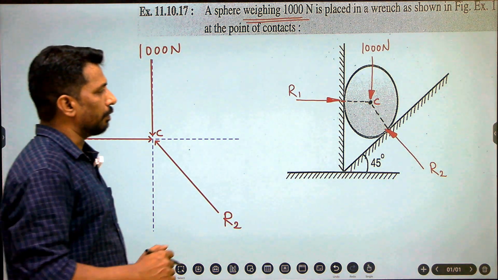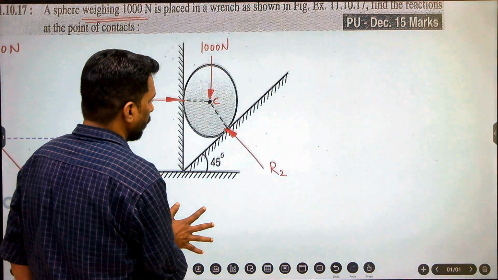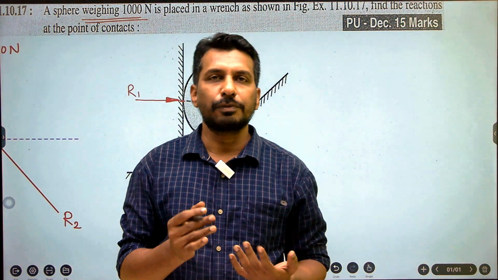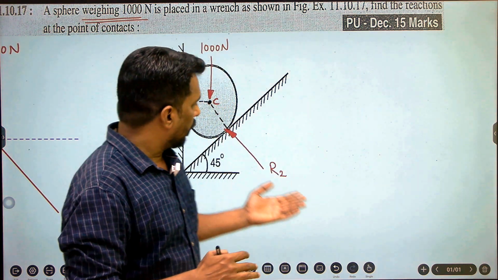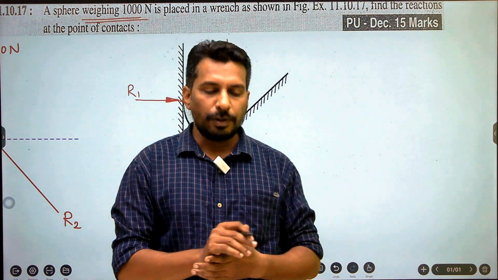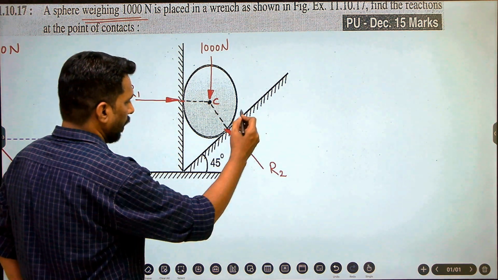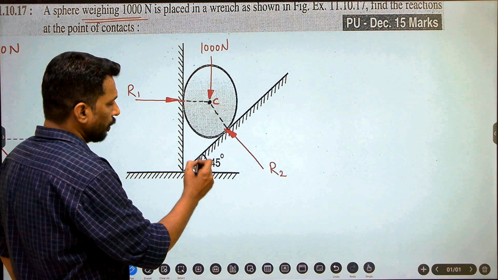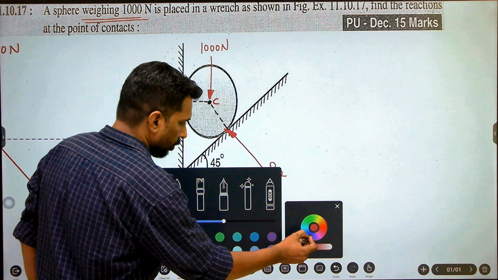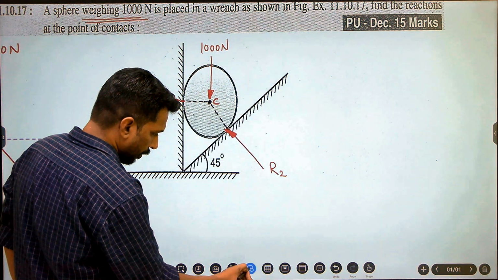So they are all compressive. Now coming to the angle, try to understand this. There are different ways to find the angle for this force along this contact surface, but the easiest way I always find is the law of perpendicularity. See here, these two lines. If I draw perpendiculars to these two lines, this is horizontal, so I'll drop a vertical line.